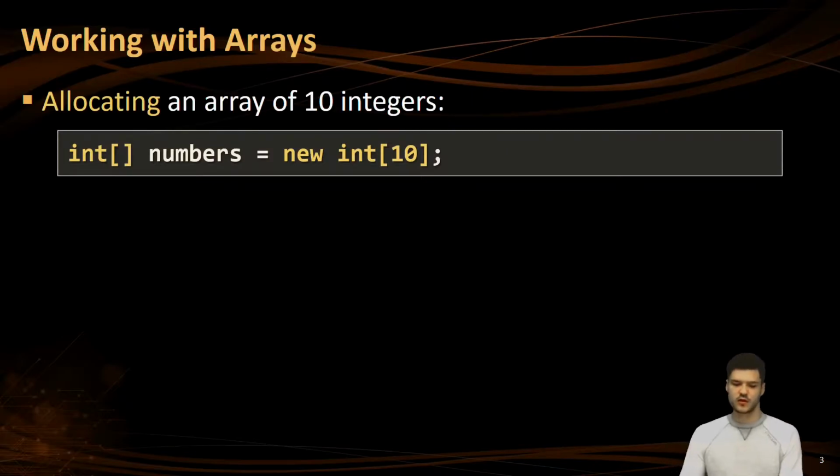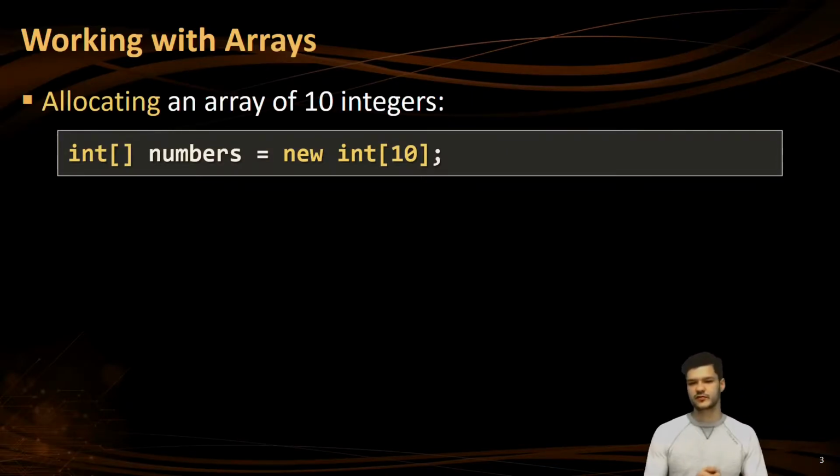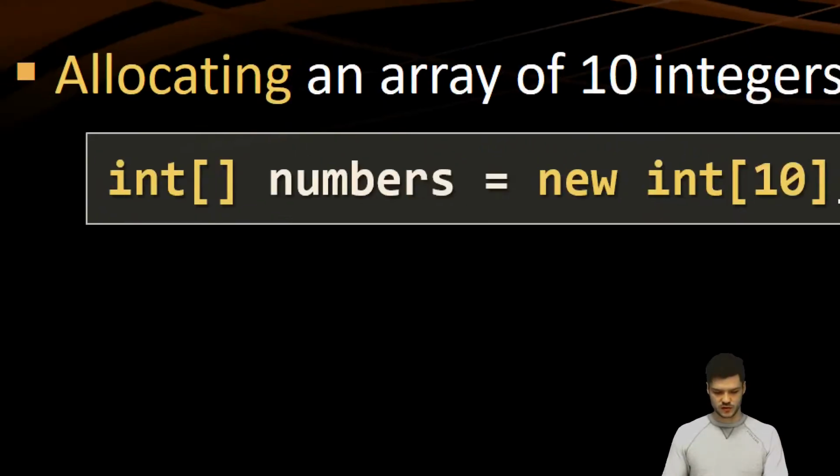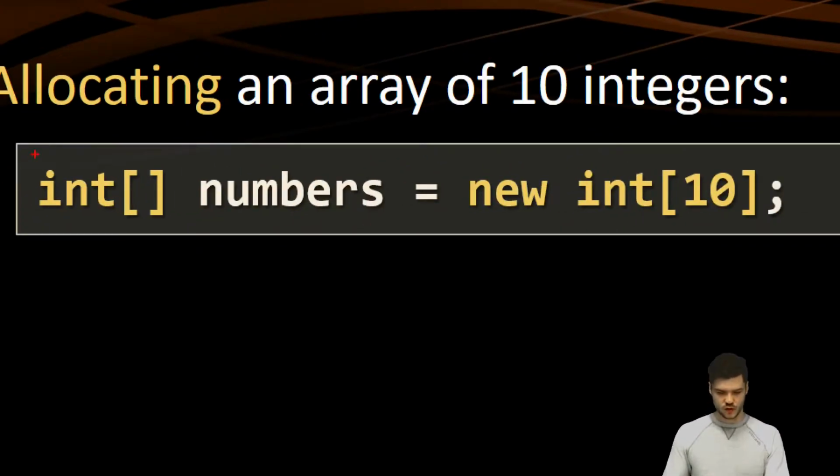Okay, so how do we allocate an array? It's something very simple. Initially we state the type of the variable that's going to be stored, followed by the symbol that indicates that we want to have an array, not only an integer.